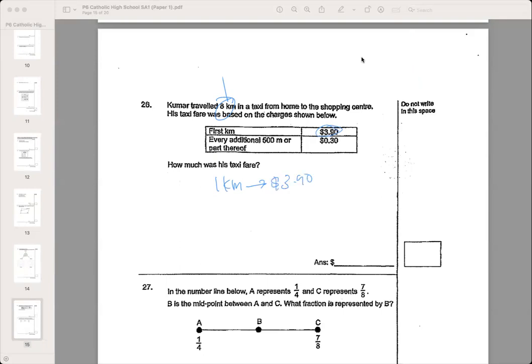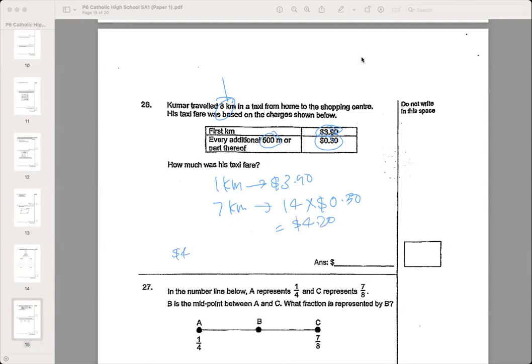Now, the next 7 kilometers, he's charged in blocks of 500 meters. So in 1 kilometer, there are 2 blocks of 500. So 7 kilometers, there'll be 2 times 7, 14 blocks of 500. And each block costs 30 cents. So 14 times 30 cents, we get $4.20.